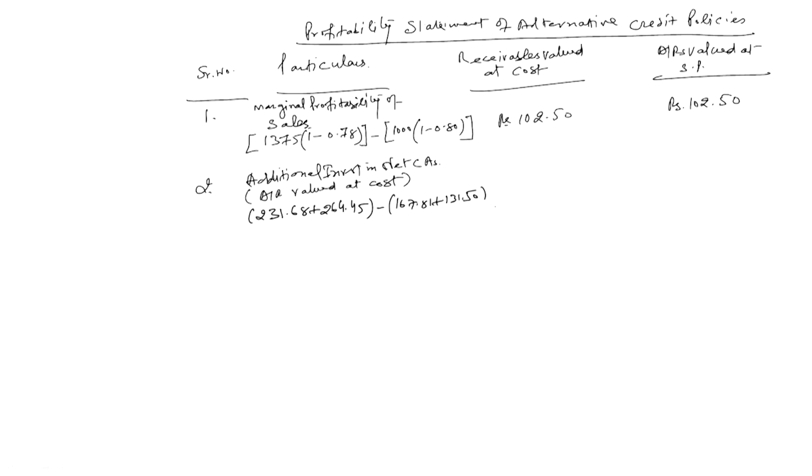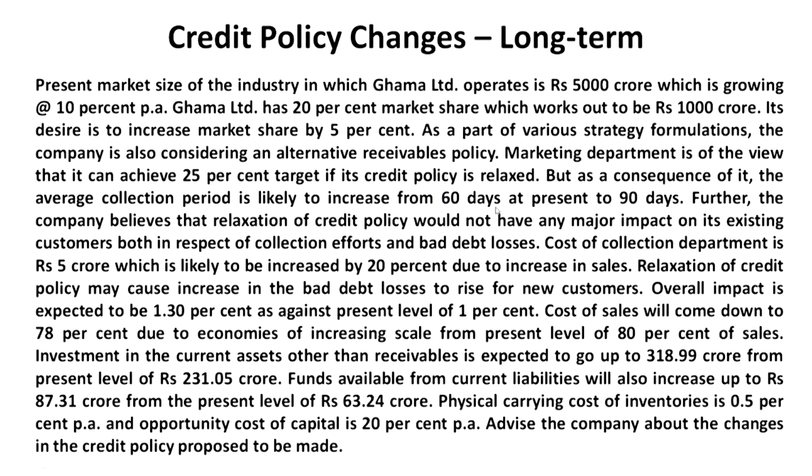This is 167.81 plus 131.50, and it is 231.68 and 264.45. So from where is it coming? We have seen here how much is the old investment in the other current assets, 231.05, and when we were taking the old investment in the current assets, it was 231.05 crores.